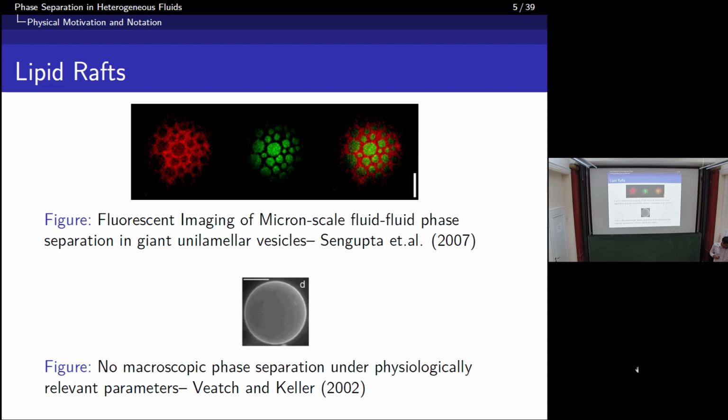But around the time that this theory was proposed, there was a lot of controversy because it was claimed that this is all just an experimental artifact based on the fluorescence or something, and that actually in a model cell, under physiologically relevant parameters, so if you take the right temperature, the right concentration of cholesterol, and all this stuff, then you don't see any phase separation.